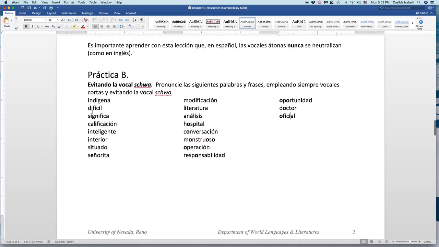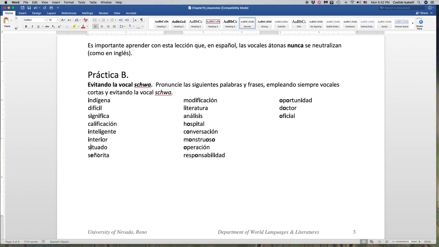So at the end, indígena, difícil, significa, calificación, inteligente, interior, situado, not situado. We don't have that situation here.